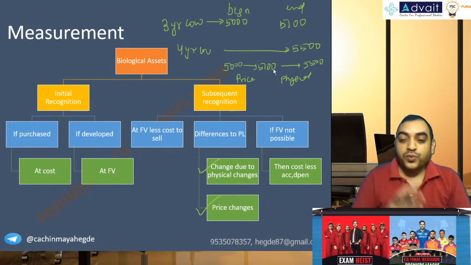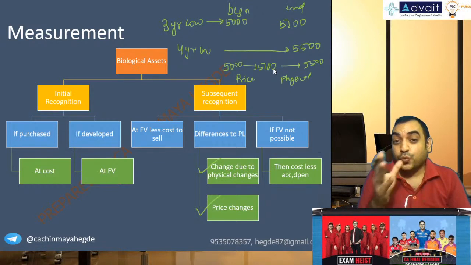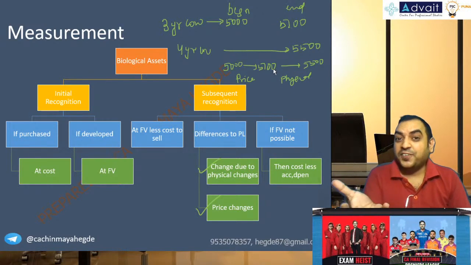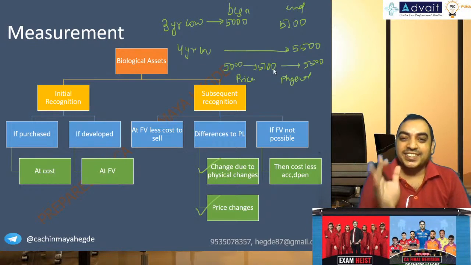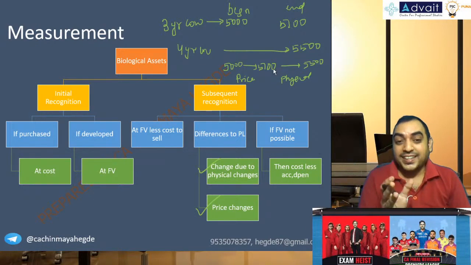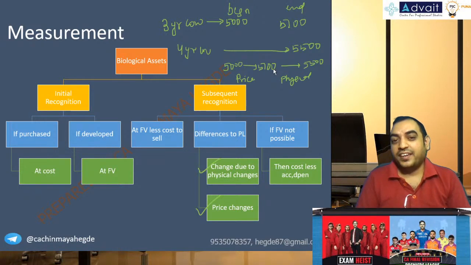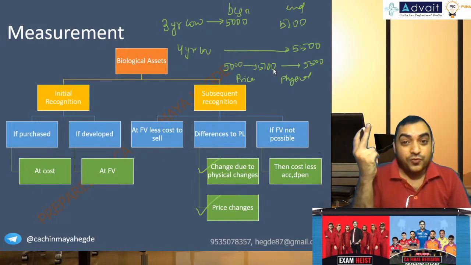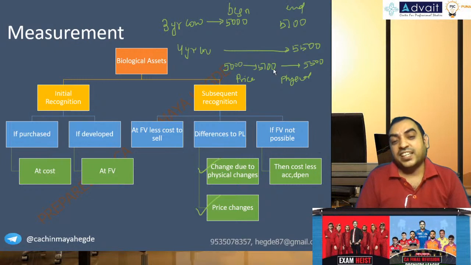It is like the way you would have done in costing, in variance analysis: price variance and quantity variance. This is a similar aspect, the price change and the physical change. That needs to be reported in the notes to accounts.